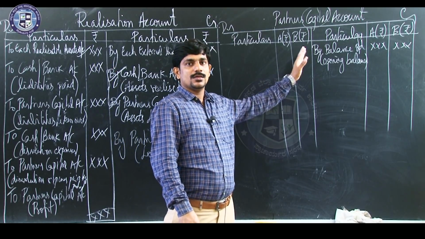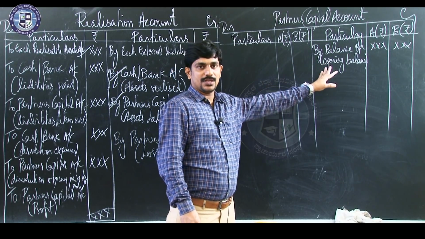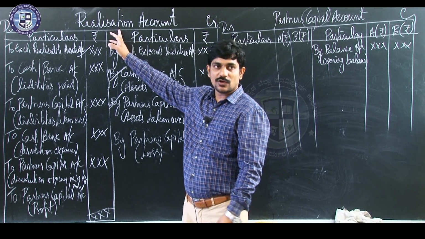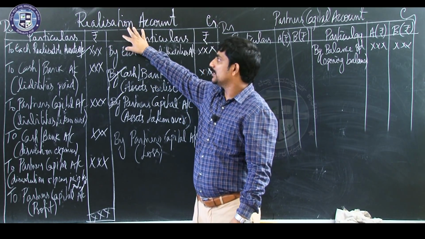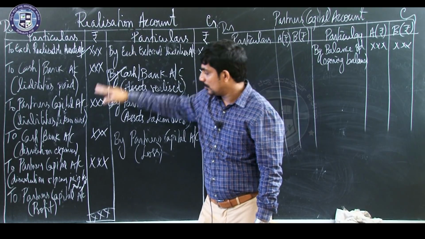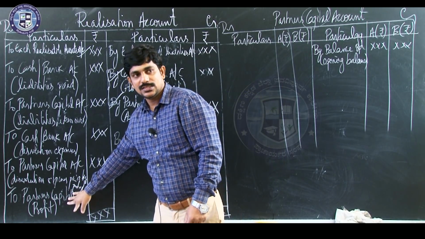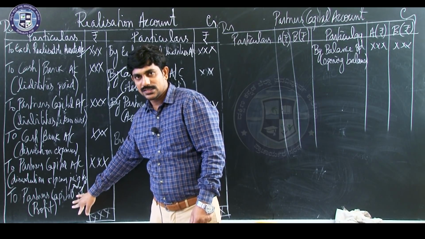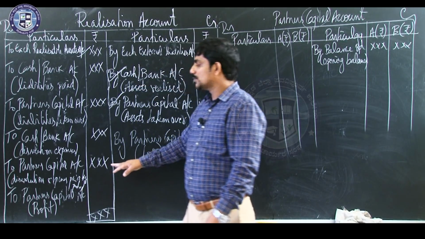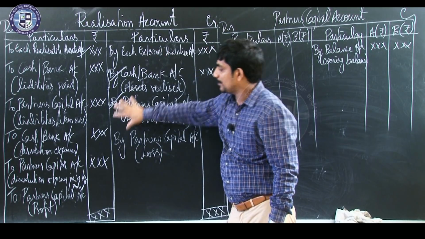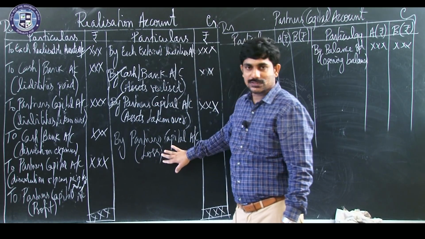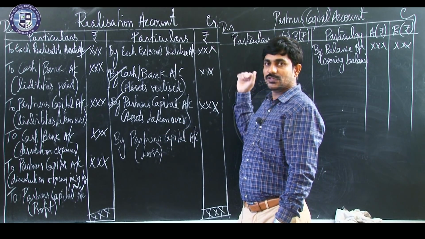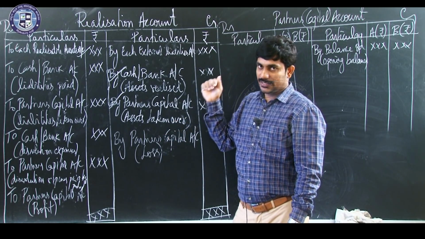Okay. Now, after recording the opening balance, you have prepared the first account, the realization account, and the balance in the realization account you transfer to the partners' capital account. Whether it is a profit or a loss, which account do you transfer it to? Partners' capital.